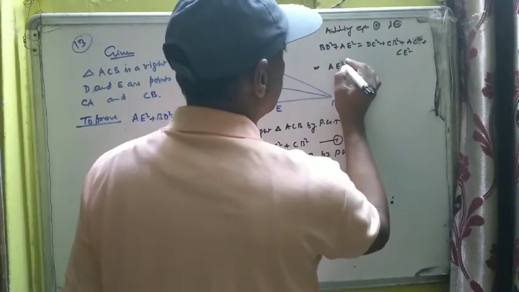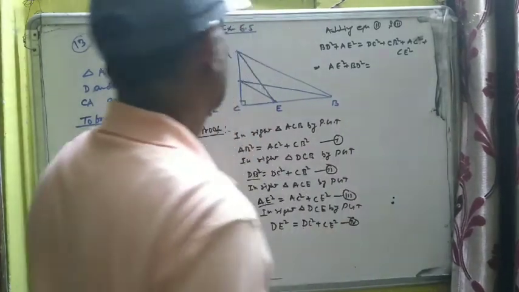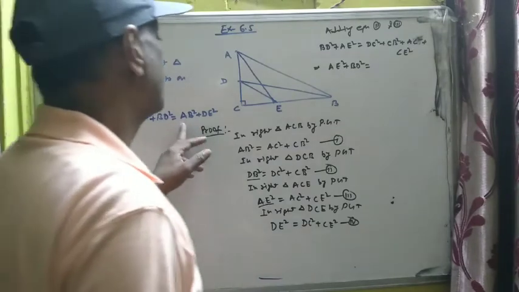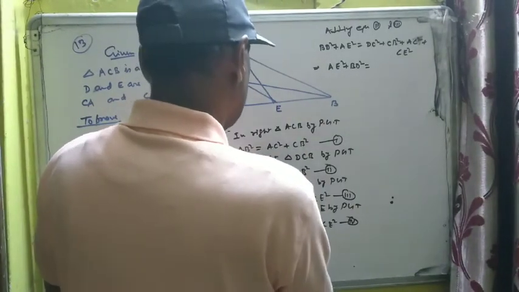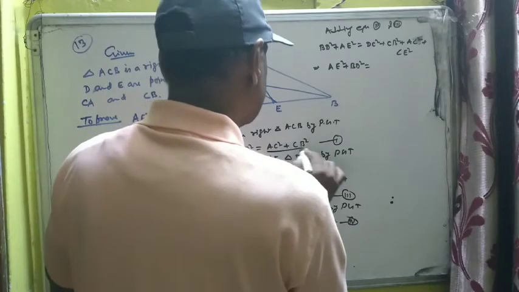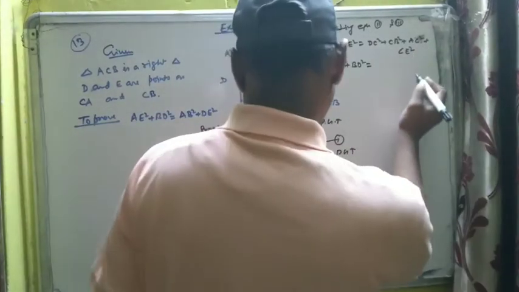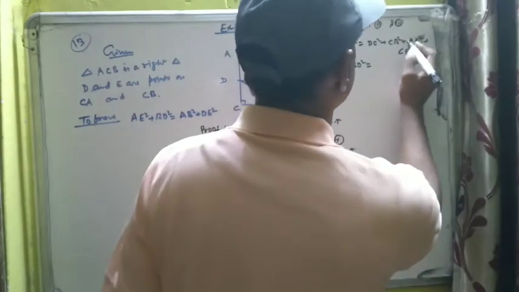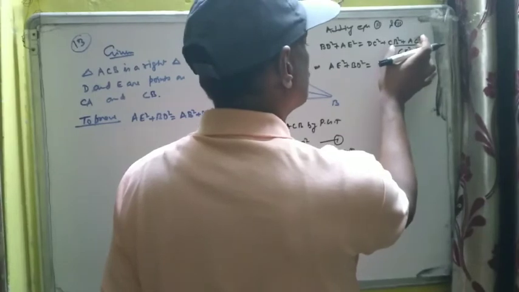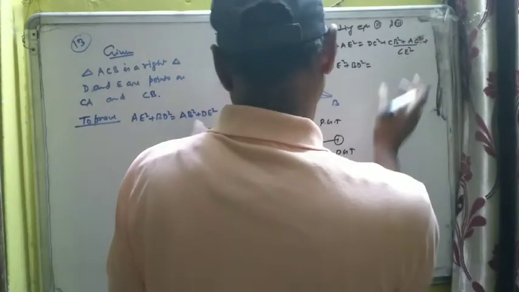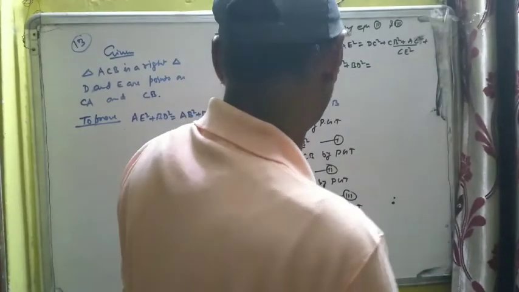So we can write AE square plus BD square equal to, now we need to have AB square. So just see the equation number first. If you are having AC square plus CB square, which is given here, AC square and CB square, this one. So at the place of AC square and CB square we can write AB square.